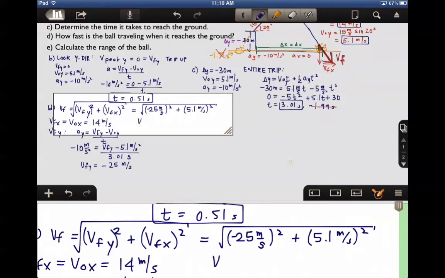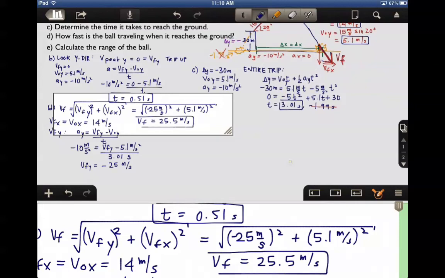I end up with V final of 25.5 meters per second. So that's how fast it's traveling overall when it hits the ground.